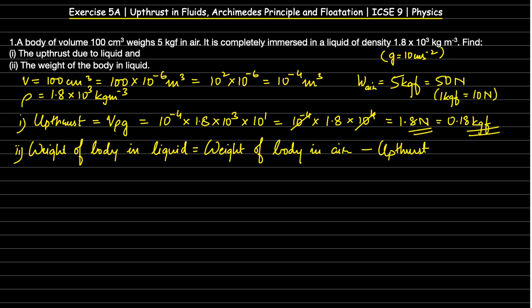So this comes from the formula which is given in the textbook as upthrust is equal to weight of the body in air minus weight of the body in liquid. So that is how this formula comes.